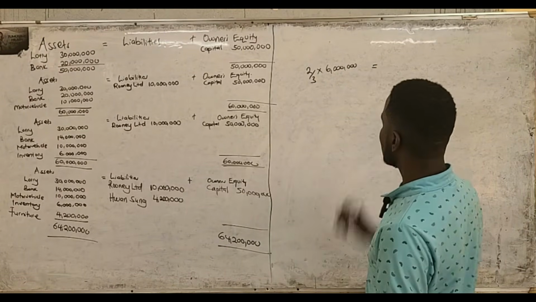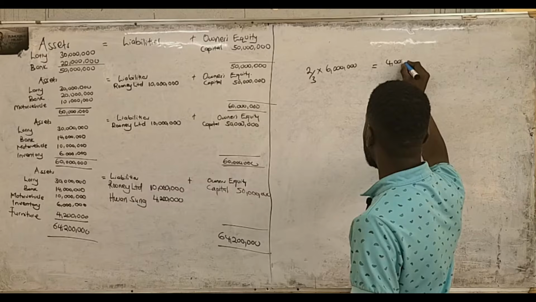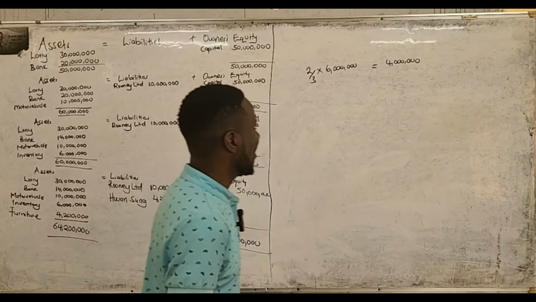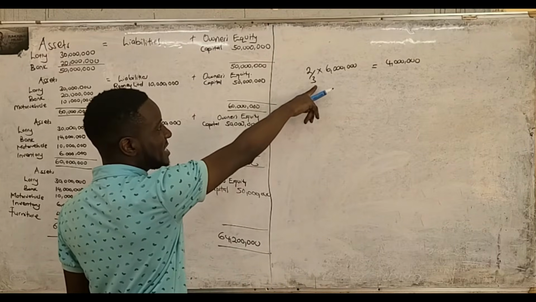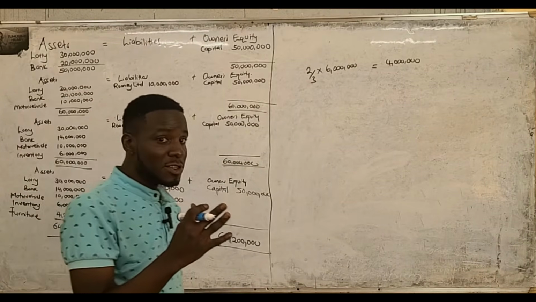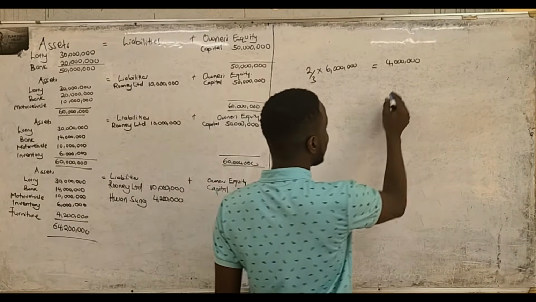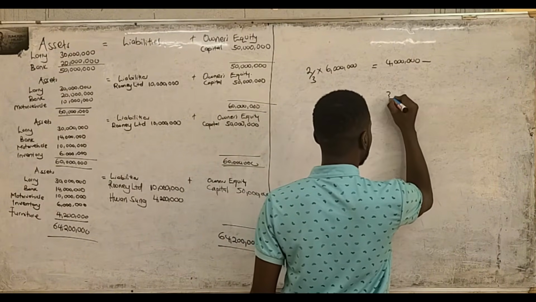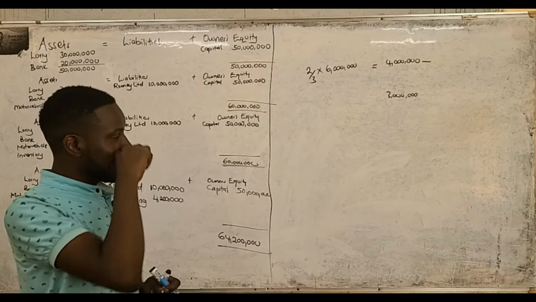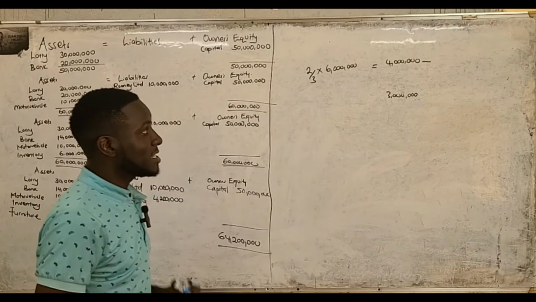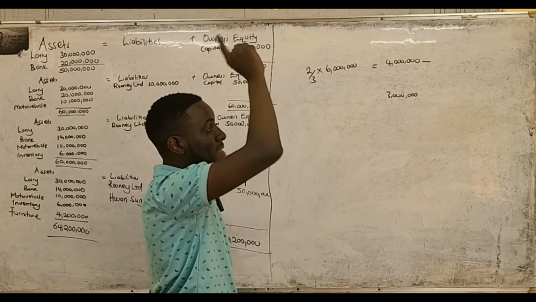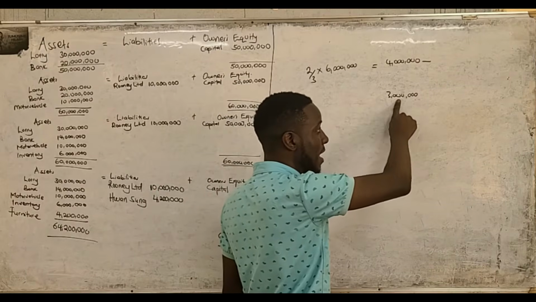So when you do the mathematics, you realize you're going to get 4 millions. Now, this is what we have. But they're telling us that he sold these 2/3 for 3 millions. So that means instead of selling them at 4 millions, he sold them at 3. Ideally, the inventory that we lost was actually 4 millions, but the cash we received was 3 millions.